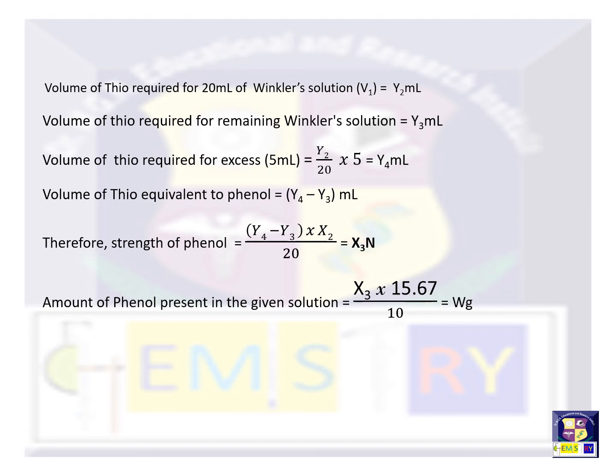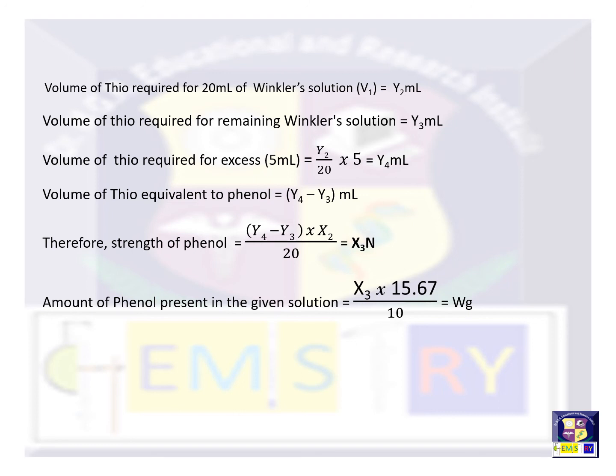Later we need to calculate the volume of thiosulfate solution which is equivalent to the amount of phenol present in the solution. From these values we will know the strength of the phenol. After knowing the strength of the phenol, the amount of phenol present in the given solution can be calculated using the equivalent weight of phenol.